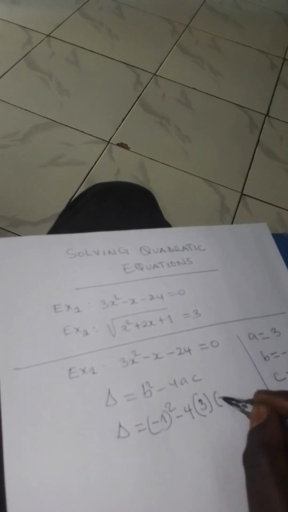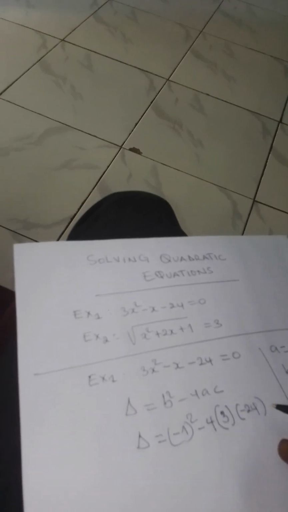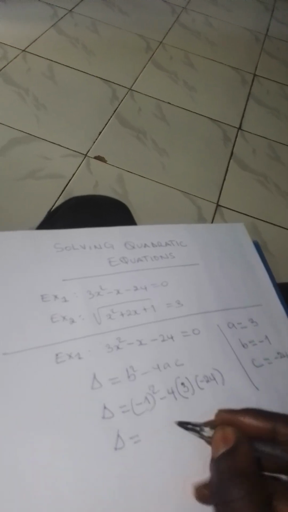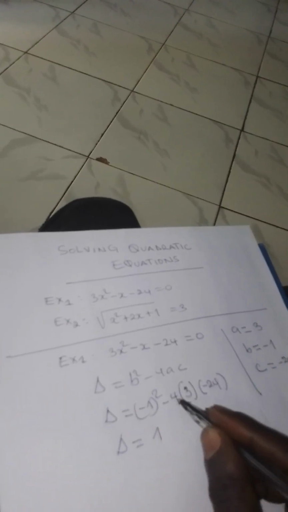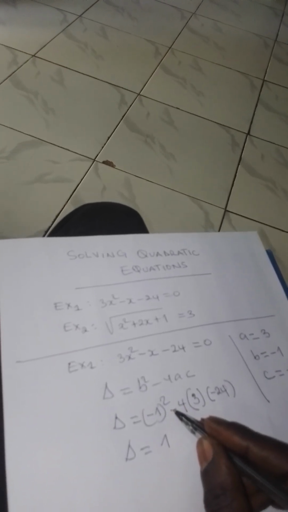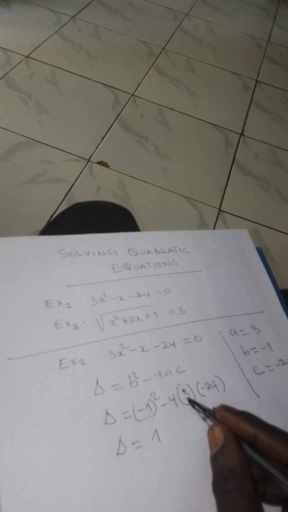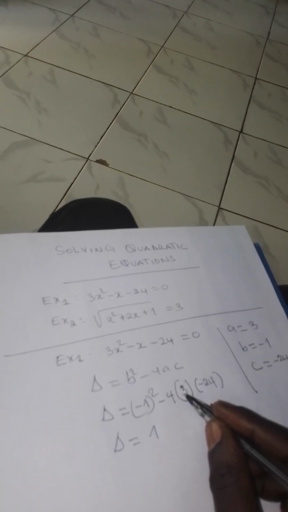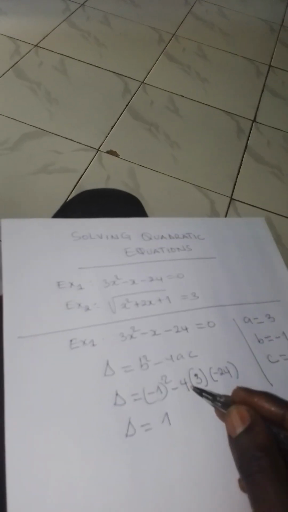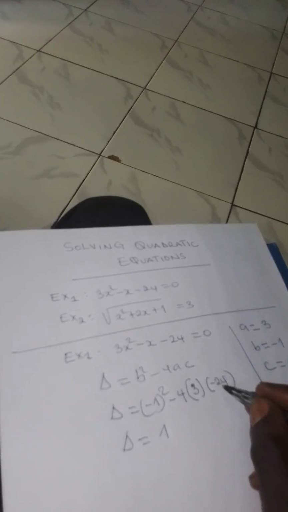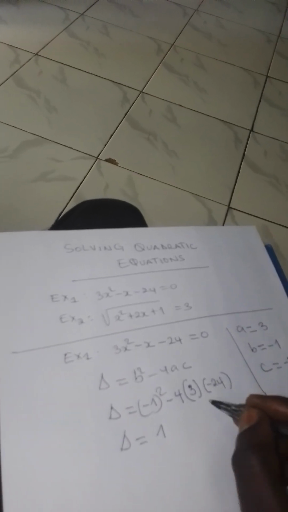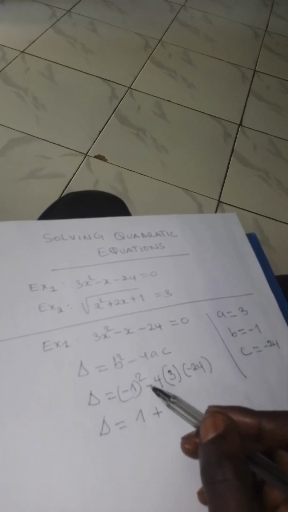The value of c is negative 24. Now delta is equal to positive 1, then negative 4 times 3 is equal to negative 12. Then negative 12 times negative 24, we write a positive sign because negative times negative is positive.